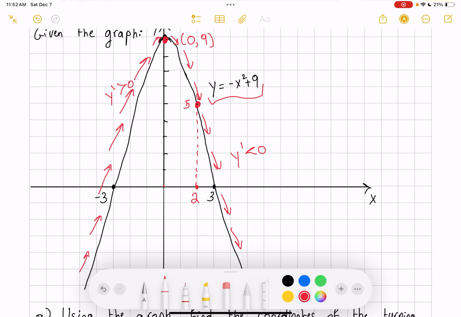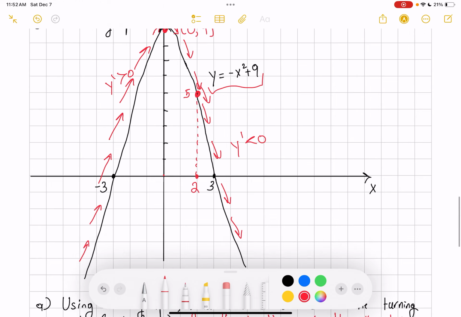So 5 is literally bigger than 0. It's not negative. So that is a counterexample for the statement. You found a point where the function is going down, the derivative is negative, however the function itself, the point, is positive.